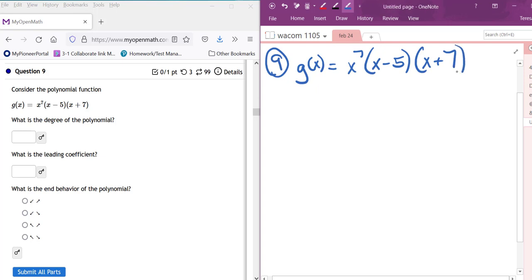You don't have to multiply the whole thing, but you want to know your degree. So you've got x to the 7th times another x will be x to the 8th times another x will be x to the 9th. So your degree is going to be 9. So 7 plus 1 plus 1. Okay, give us 9. The leading coefficient is still going to be 1.